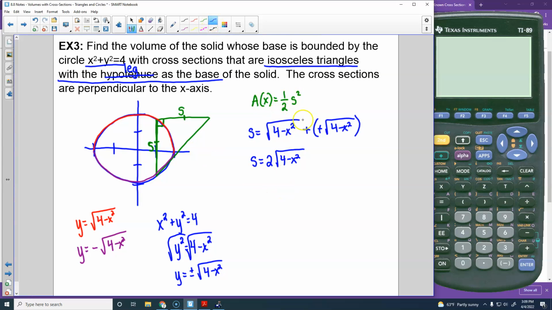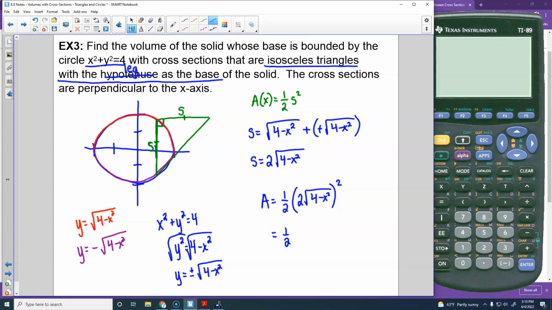So here we're going to have our area formula. It's going to be 1/2 times 2 root 4 minus x squared, squared, which you could leave like this or you can simplify.